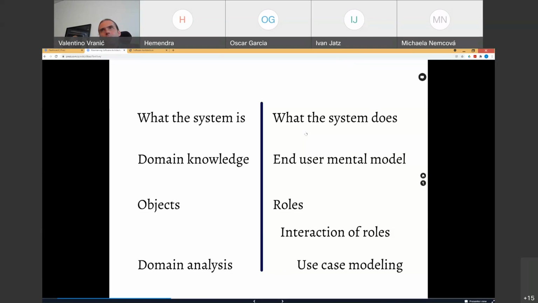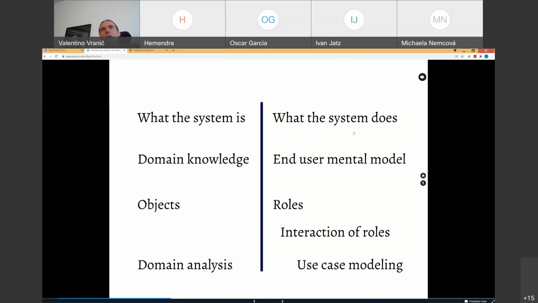When you think of these two perspectives, we talked about this, but I would like to point out that what the system is is the more stable perspective. What the system does is the more variable perspective. It will vary over time, and it will vary from organization to organization.